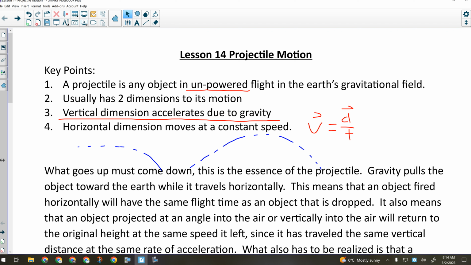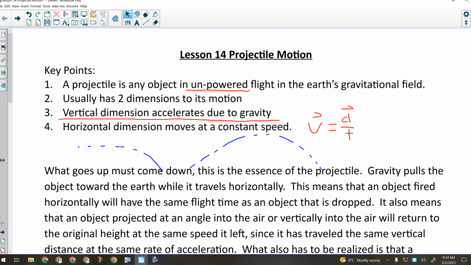So the essence of all projectile motion is this two-dimensional movement. How many people have ever done any target shooting, like with a bow and arrow or a rifle? The further away the target gets, obviously the harder it gets to hit. Because now you have to correct for what? Wind, gravity.